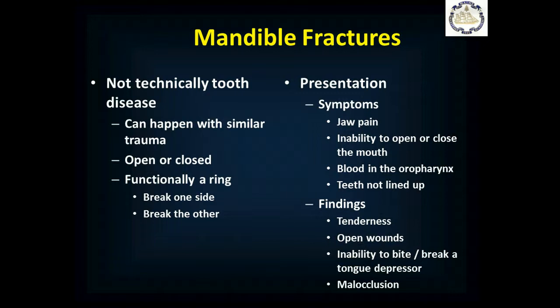And they should be able to bite down enough that the tongue depressor breaks. And if they can't, if it hurts too much or the jaw opens up, you need to be worried about a fracture. If they can, they're probably bruised. It's very hard to bite that strongly if you do have a fracture. And then test the other side as well. And when they close their mouth, you look in, and if the teeth aren't lining up right, and they used to line up right, that's a real problem as well.